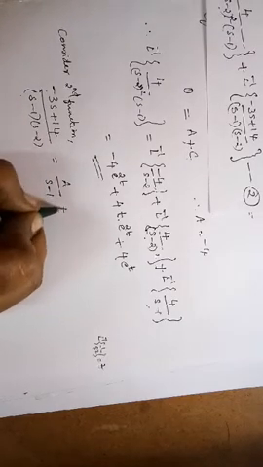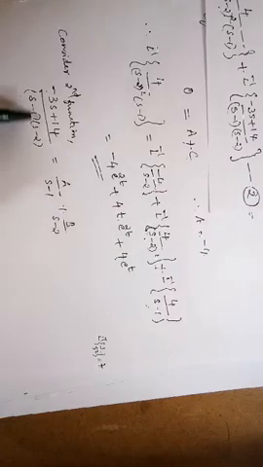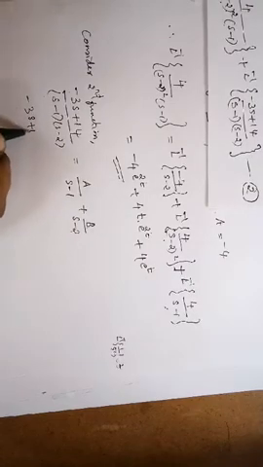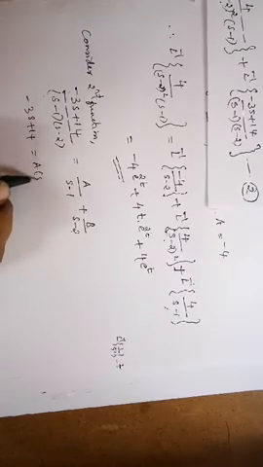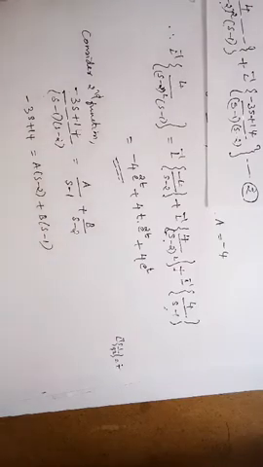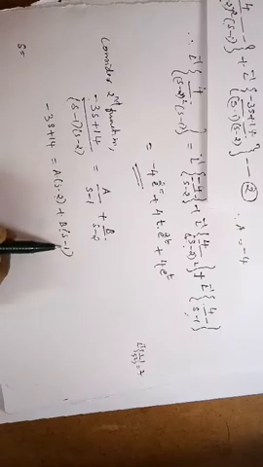So this we can write as a by s minus 1 plus b by s minus 2. Now multiplying with this product throughout, we get minus 3s plus 14 equal to a into (s minus 2) plus b into (s minus 1). Here 2 and 1 are the roots.